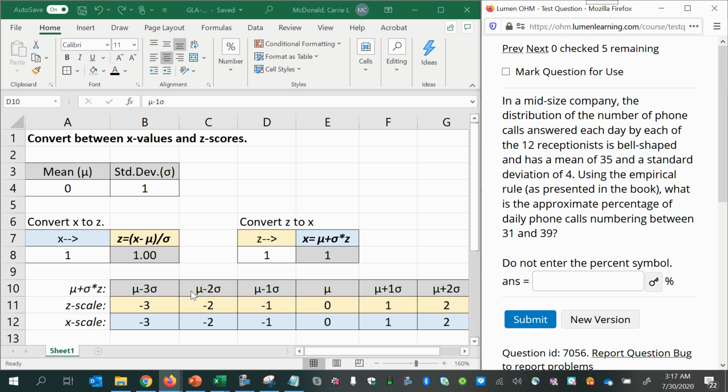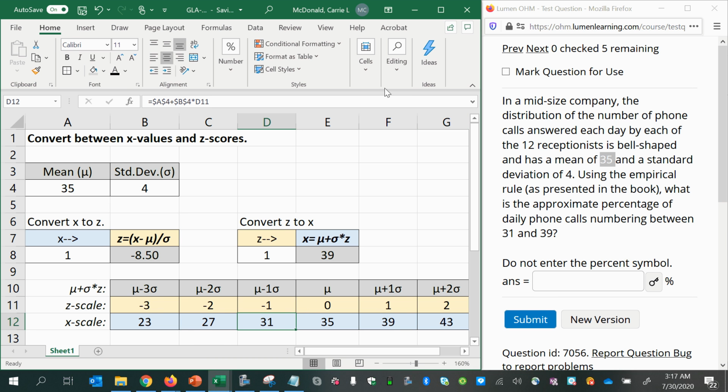There's a number of ways you can approach this. If you have seen the previous video where you followed along and set up a spreadsheet to help you with z-score calculations, then it's very easy to just put in the mean of 35 and the standard deviation of 4.